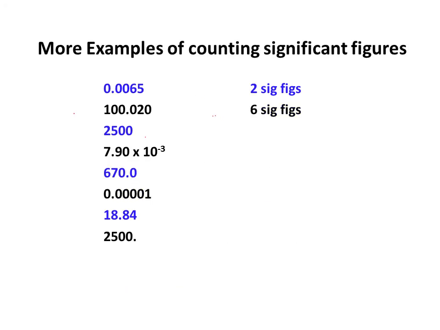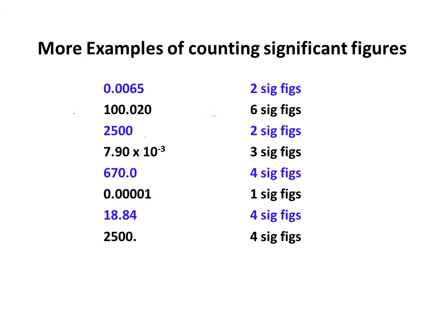So let's look at some examples here. Let's count some sig figs. Alright. So in the first example, I have 0.0065. The zeros that are coming first are leading zeros. Therefore, they are not significant, so I'd count 1, 2 sig figs. In the second case, I have 100.020.